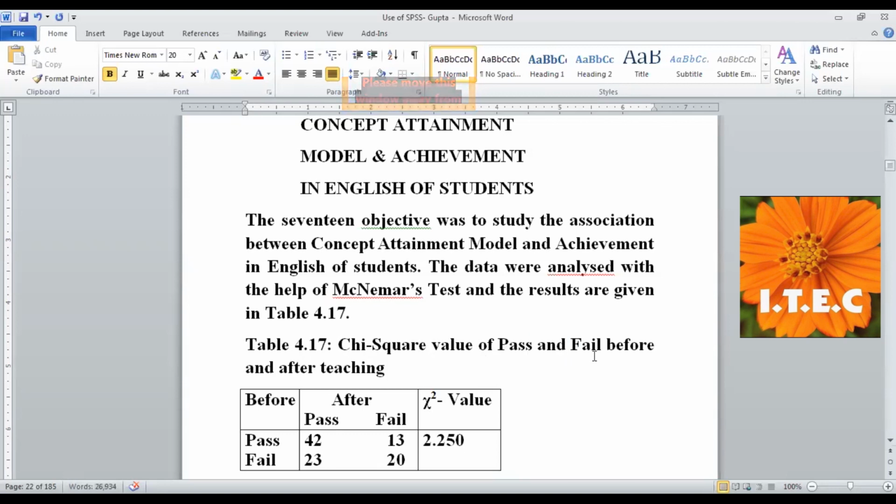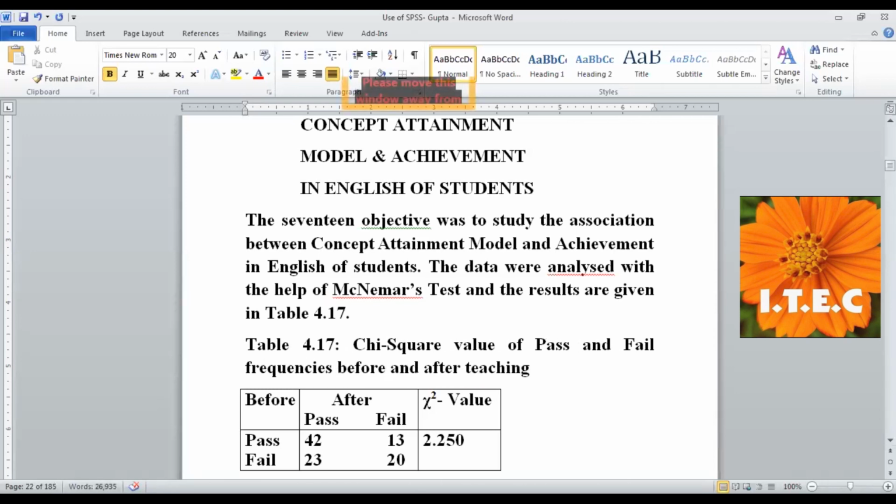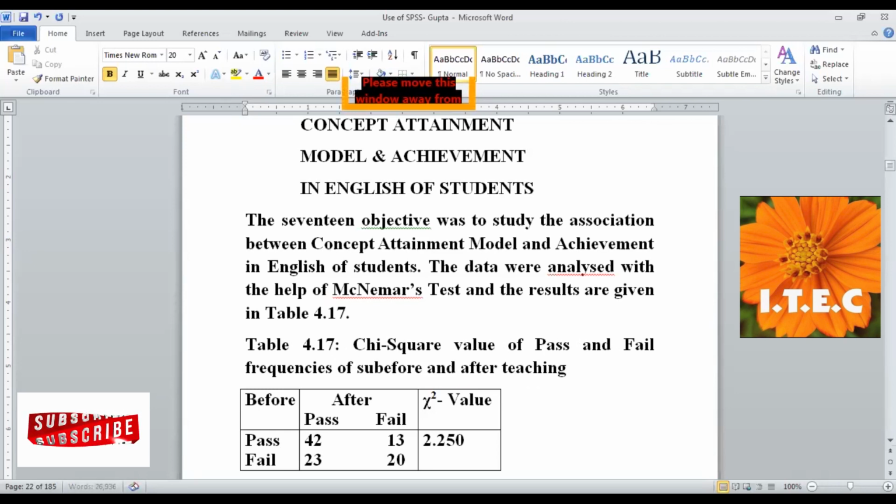Chi-square values of pass and fail frequencies of subjects or of students before and after teaching.